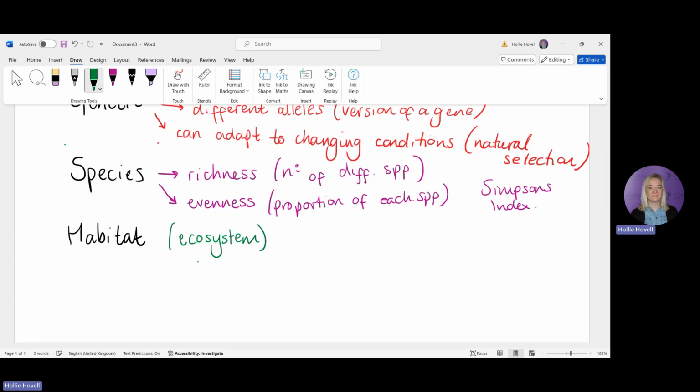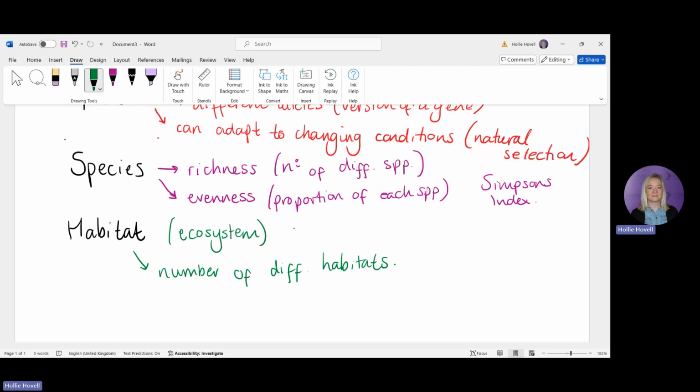Sometimes you might hear it used interchangeably, but it basically means how many different habitats are there, the number of different habitats that we've got. They could be things like sand dunes or woodland or meadows or streams, things like that. How many different habitats have we got in an area or in an ecosystem?